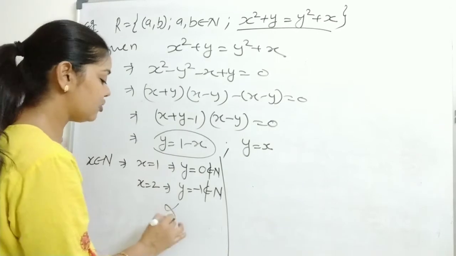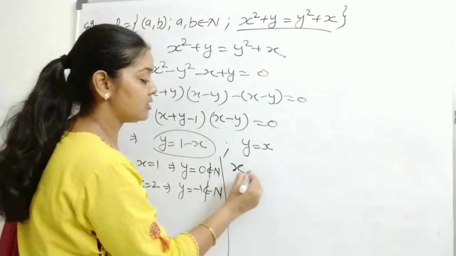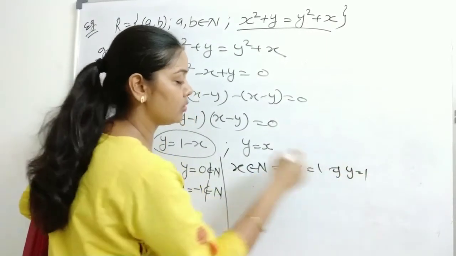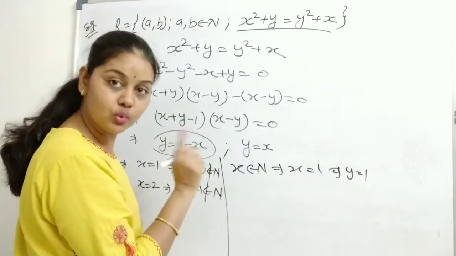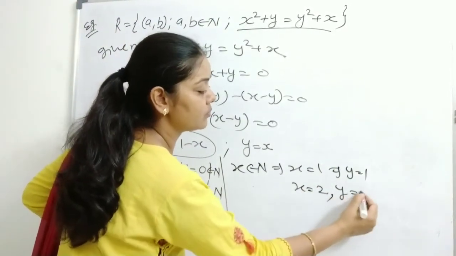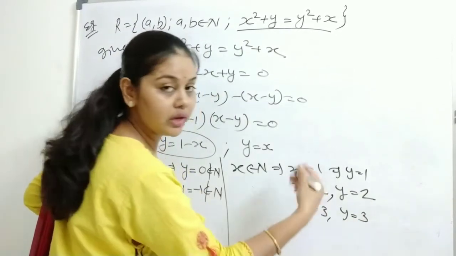So this relation is not useful to us. We will simply check with y equals x. X belongs to N. It means x equals 1, y is also 1, because y equals x. X equals 2, y will also be 2. And x equals 3, y will also be 3 and so on.